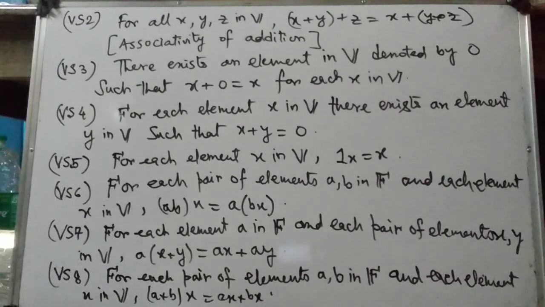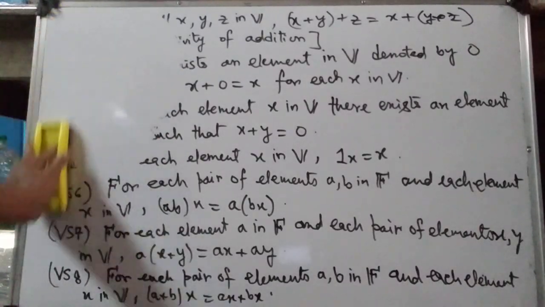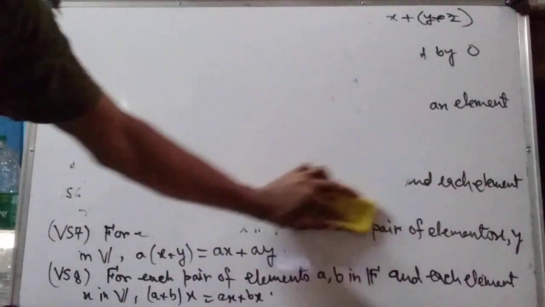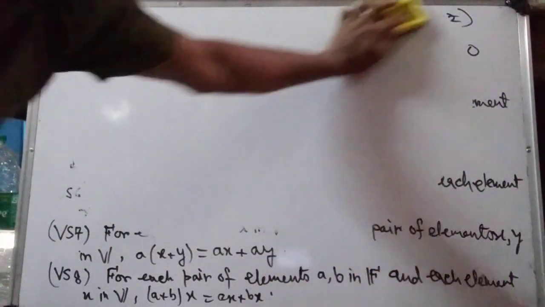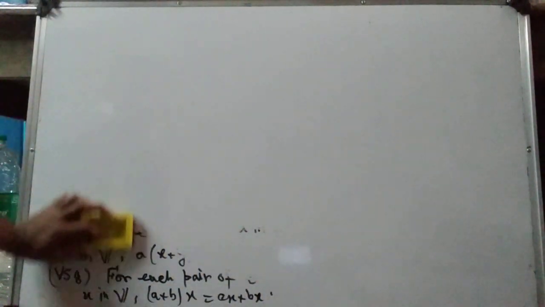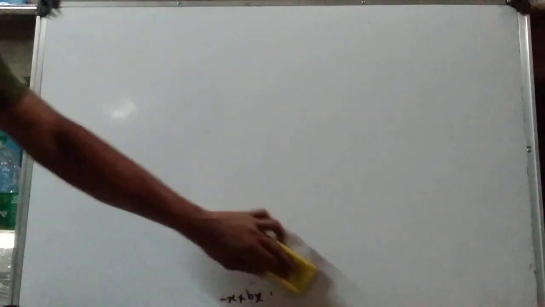Now we erase that portion and go on to further discussion. Then we also discussed the 8 properties which a vector space satisfies.